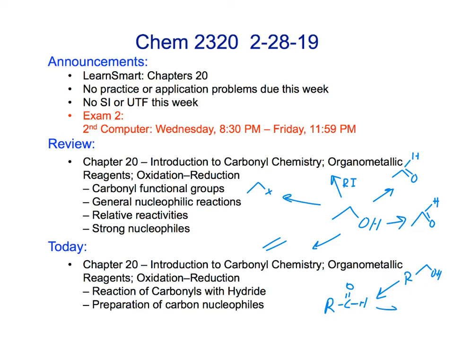We could make it from an alkene by an ozonolysis reaction. We can make it from an alkyne by hydroboration oxidation. So this ties in a lot of old reactions as well.